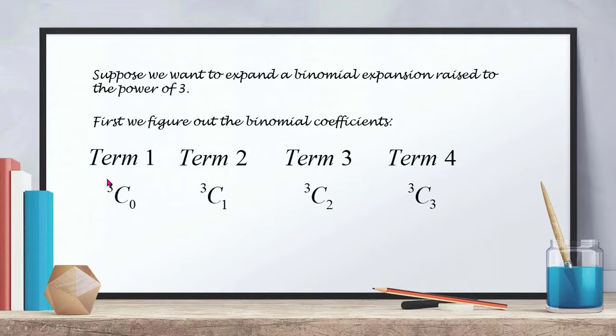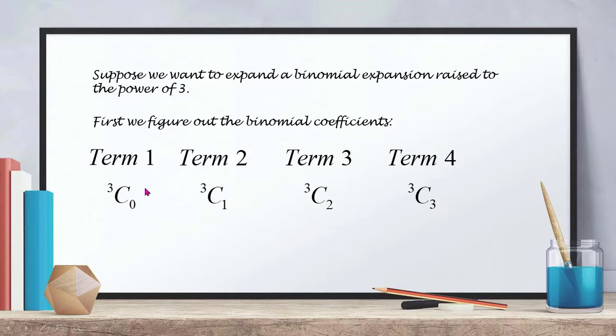Notice we are always beginning with 3, 3, 3, 3. This 3 represents the power. We want to raise a binomial expression to the power 3. Notice also that we start counting from 0: 0, 1, 2, 3.